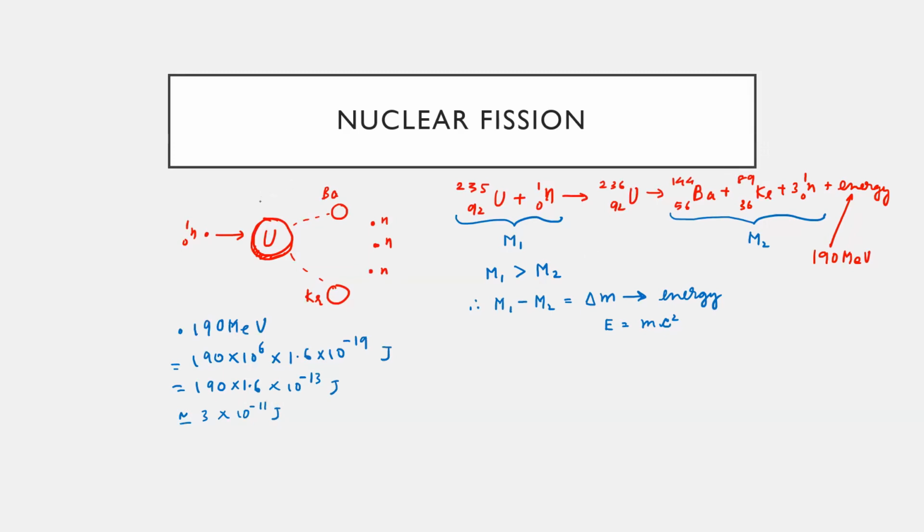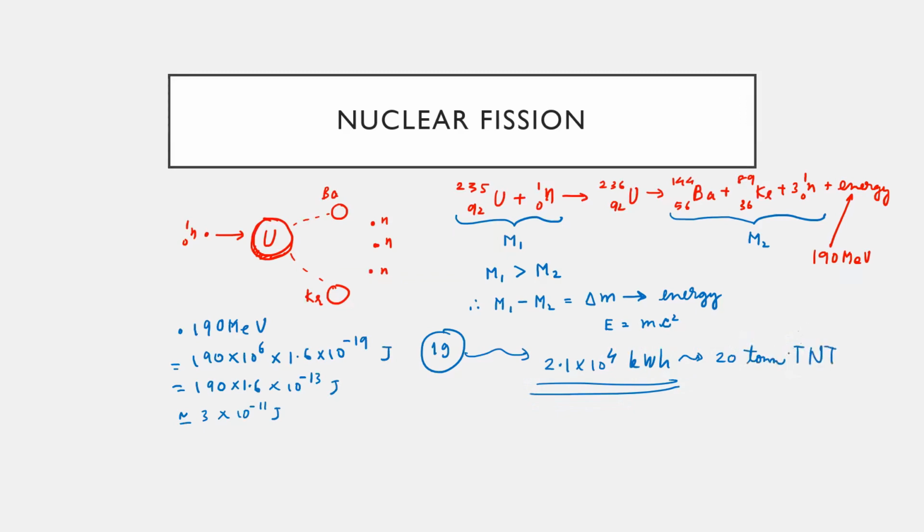But remember, this is only one nucleus. If you take a gram of uranium, there will be many nuclei in that 1 gram. Therefore it is said that 1 gram can give energy of around 2.1 into 10 to the power 4 kilowatt hour, which is equivalent to 20 tons of TNT.